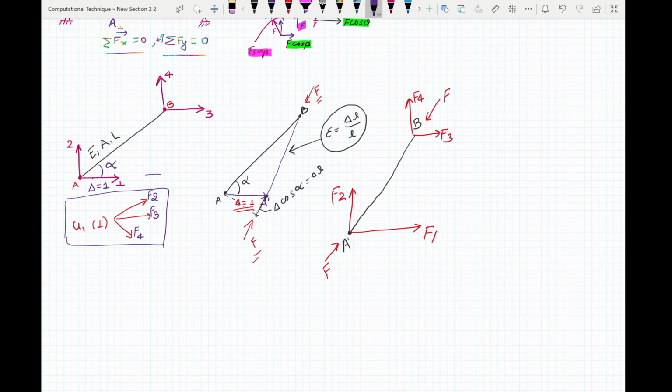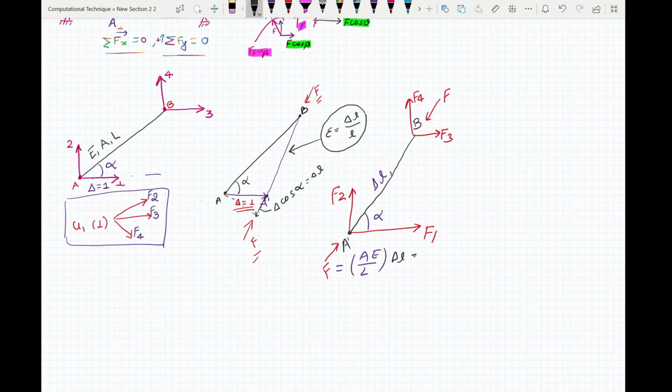Now this is also alpha because we are looking into a very small change in angle or a small change in displacement. Since this is a bar element which has gone a displacement of delta L, then the force induced in this bar will be given as AE by L times delta L.